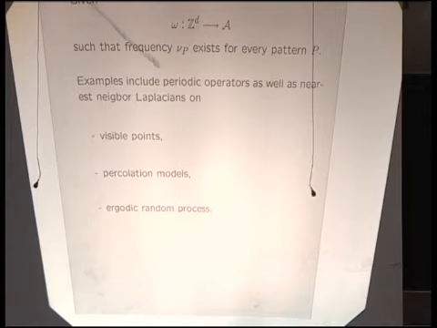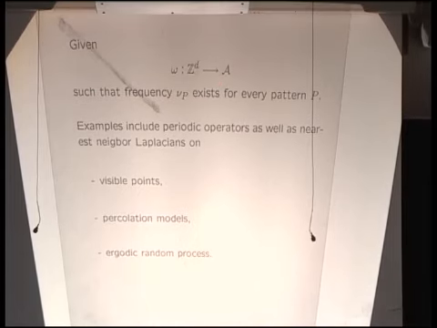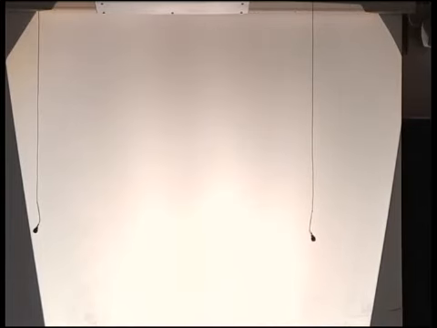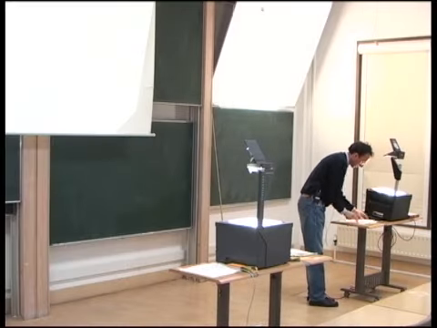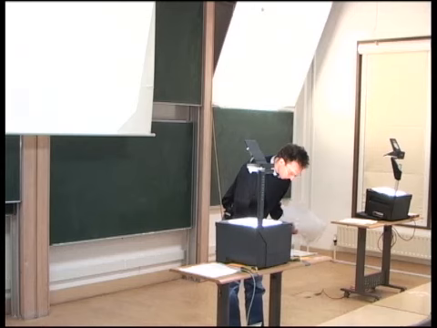Also, of course, whenever you have an ergodic random process, then you will also have this property. So there are many examples of this. So this is the basic assumption. Now we come to our operators.